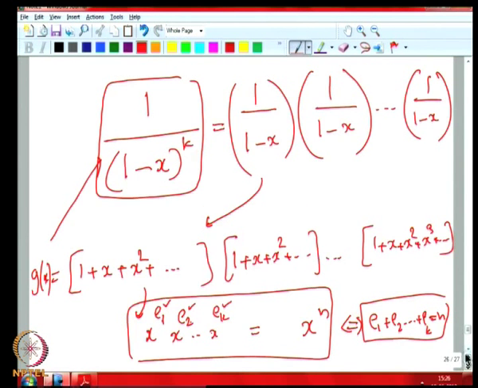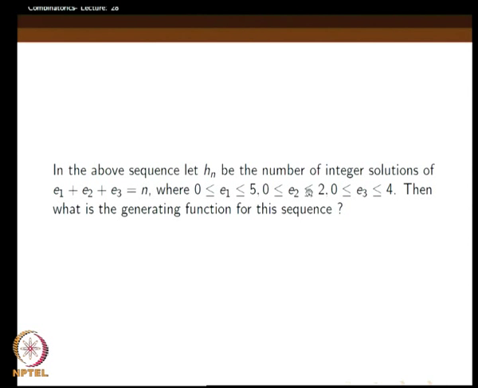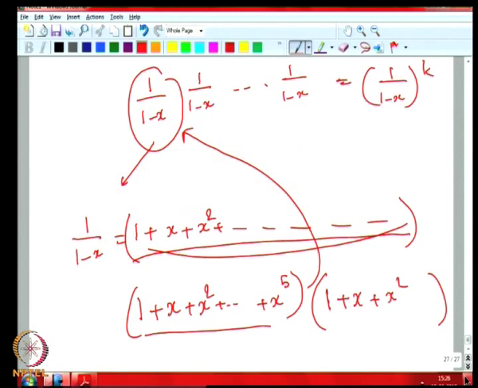That is what we told, right? So, it has to be between 0 and 2. The third one has to be between 0 and 4, right? So, up to here only we allow, and in the third term we only allow 1 plus x plus x square plus up to x raised to 4, right.